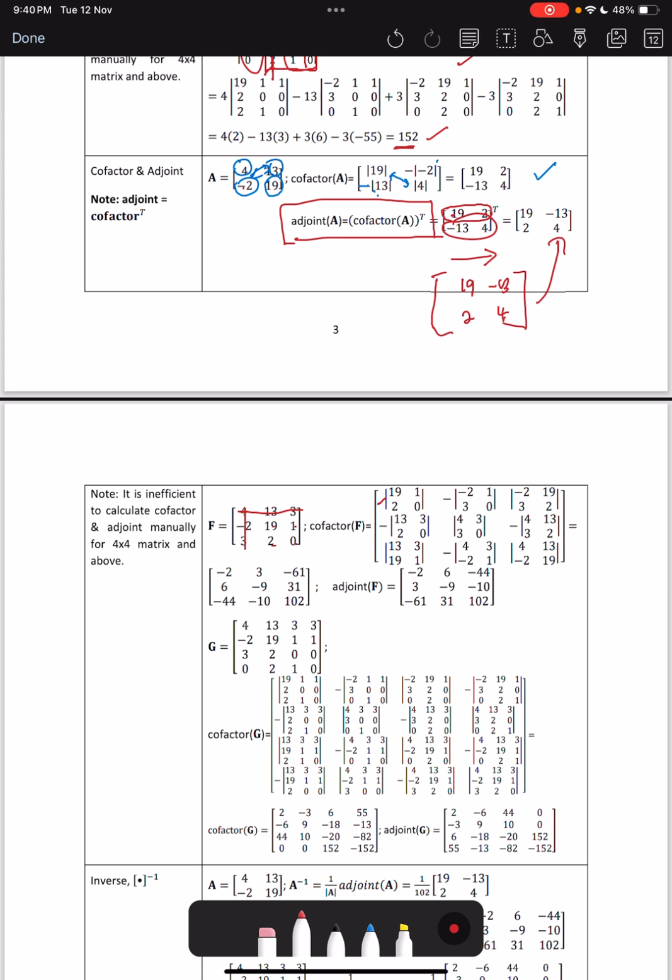Then the next determinant will become this one. Leave it with negative 12, 1, 3 and 0, negative 1, put it here. And then put negative here, don't forget, for the cofactor of a 3 times 3 you will get the signs like this.